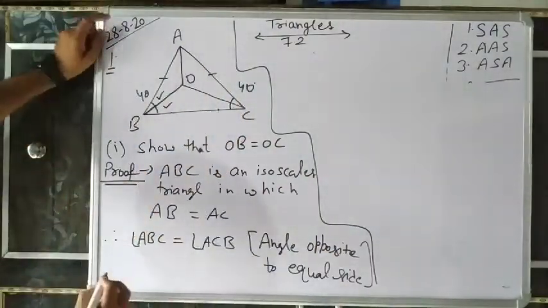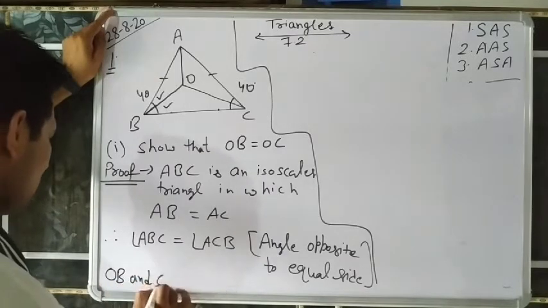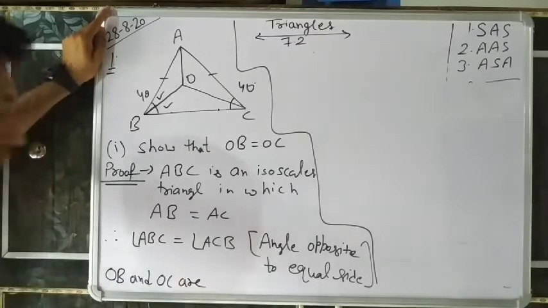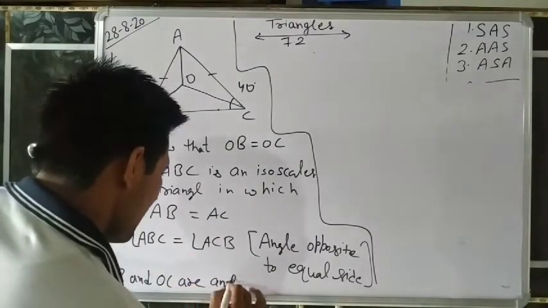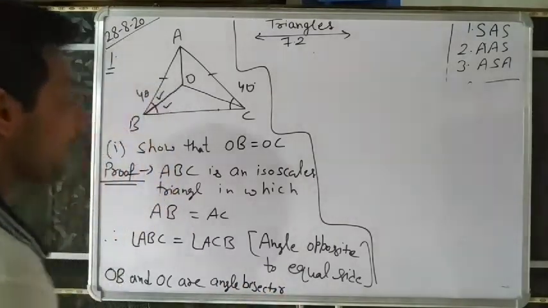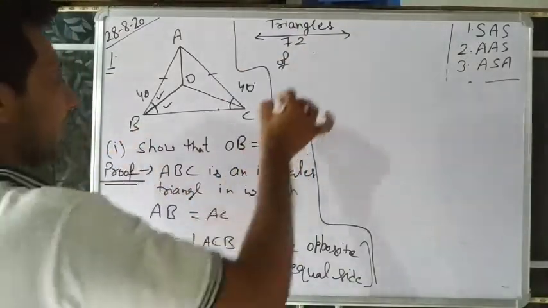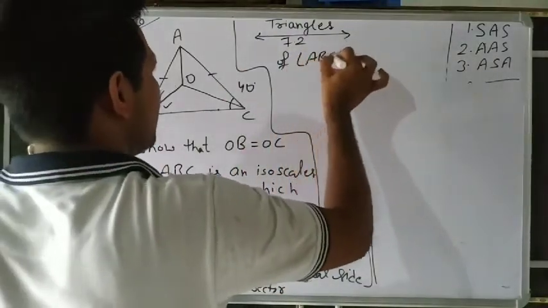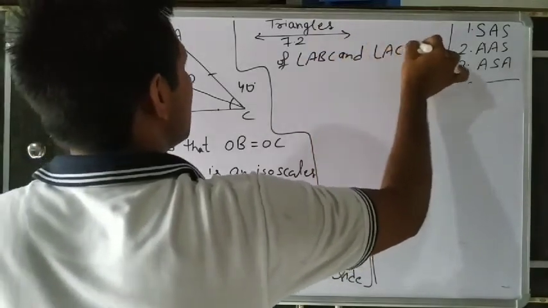So you can write OB and OC are angle bisectors of angle ABC and angle ACB.